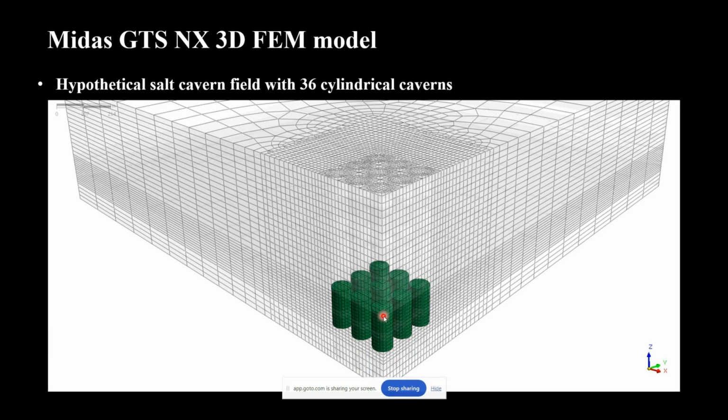And these caverns have a lot of applications. One is to collect brine. This is the oldest reason why they were doing this solution mining. And nowadays they are more interested in this underground space for a strategic petroleum reserve.